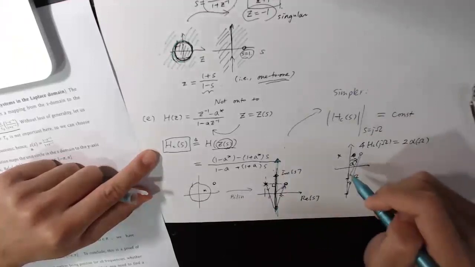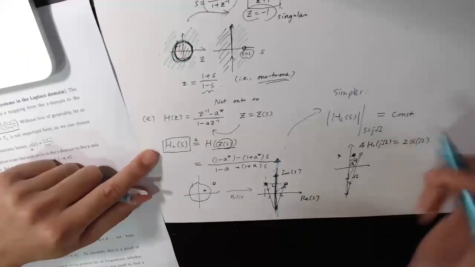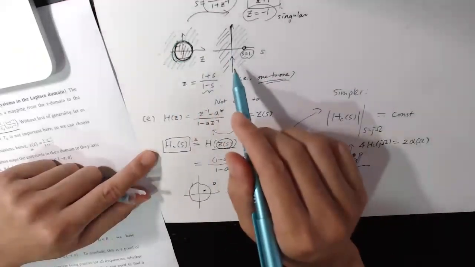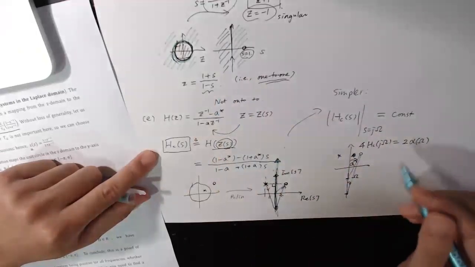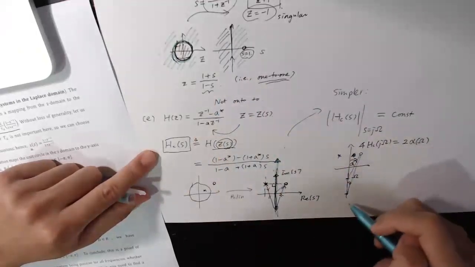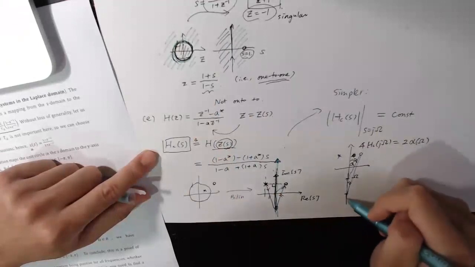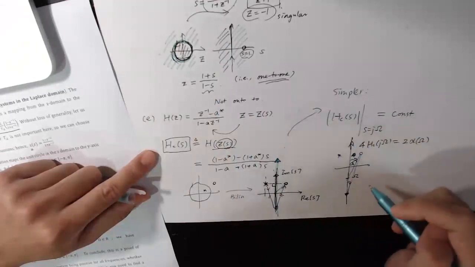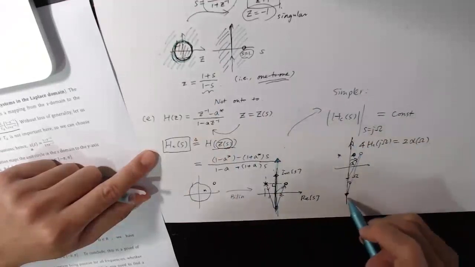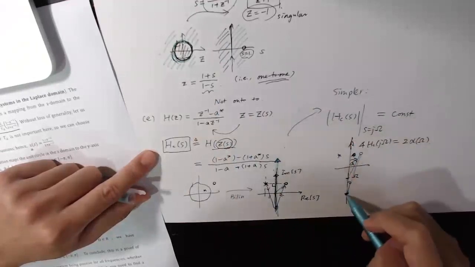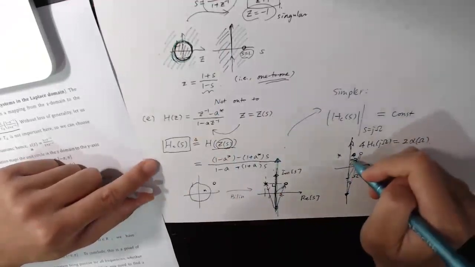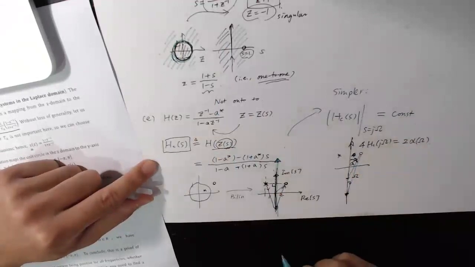This homework is a geometric interpretation after mapping to the S domain. I'm asking you to convince yourself that as we move our frequency upward along the y-axis, this angle becomes more and more negative.